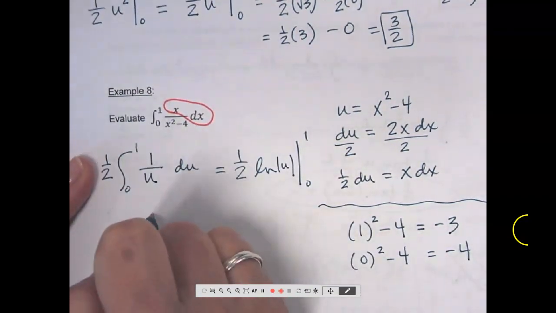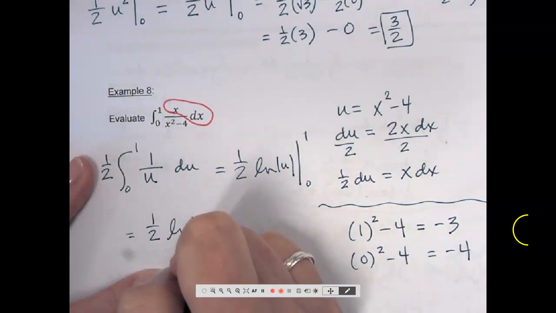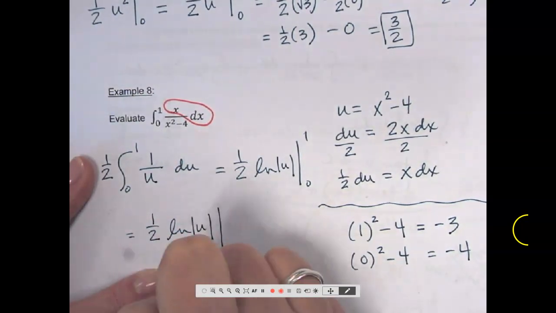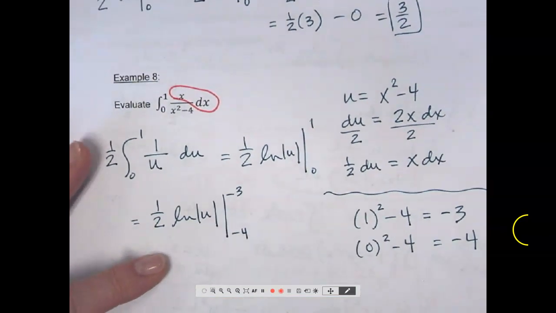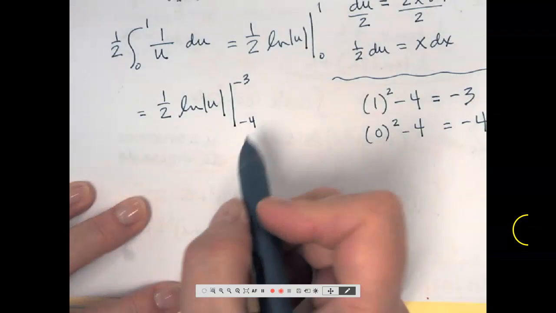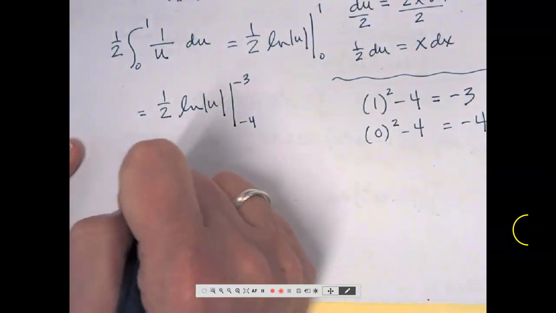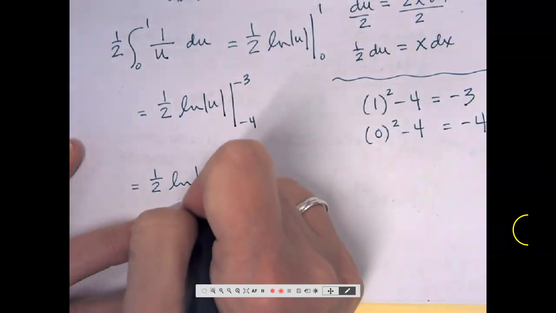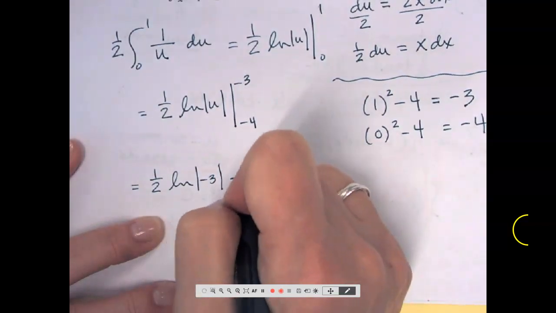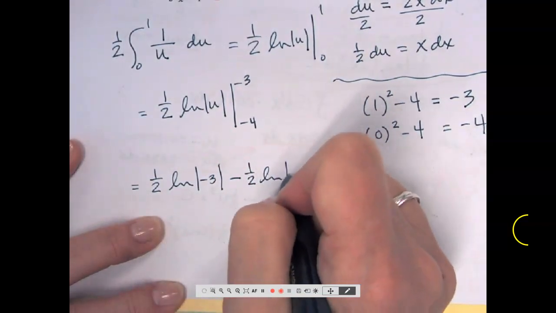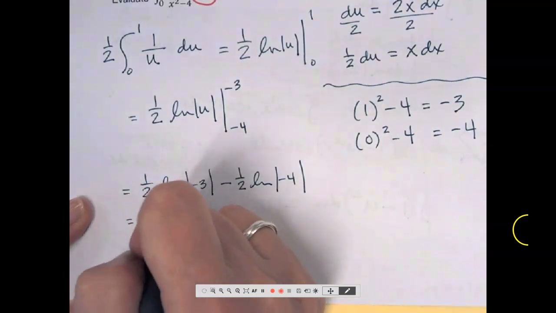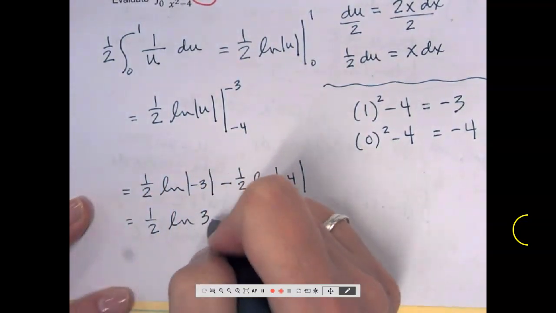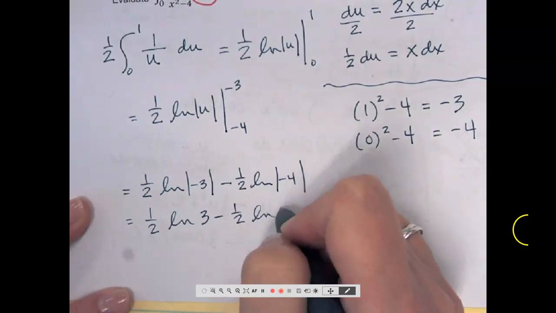Okay, so this becomes 1/2 natural log absolute value u from negative 4 to negative 3. Sub in the bigger number first. Subtract. Sub in the smaller number. So now I have 1/2 natural log 3 minus 1/2 natural log 4.